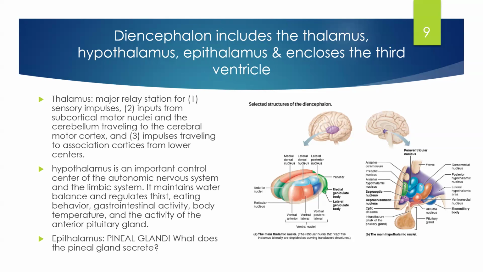So there is the pituitary gland, and the hypothalamus controls the activity. Another big thing is the hypothalamus maintains homeostasis. So I would make sure you know that for your exam. It's responsible for, again, regulation of body temperature, food intake, thirst, sleep-wake cycles.